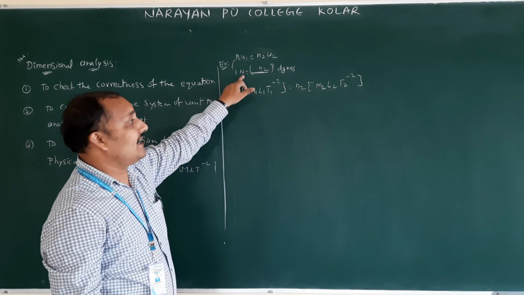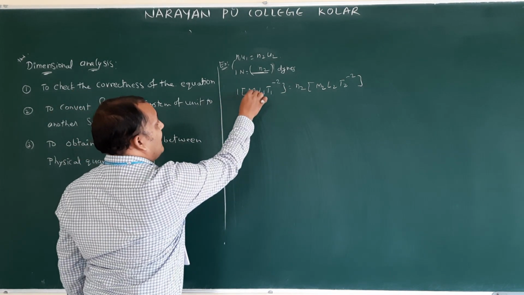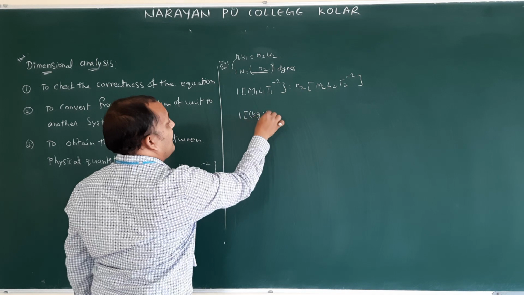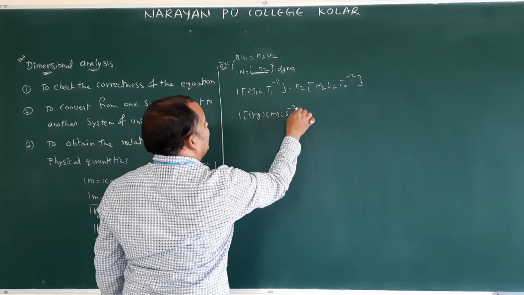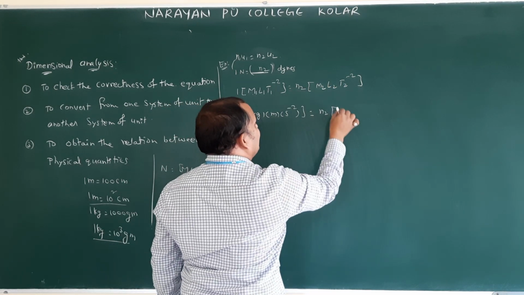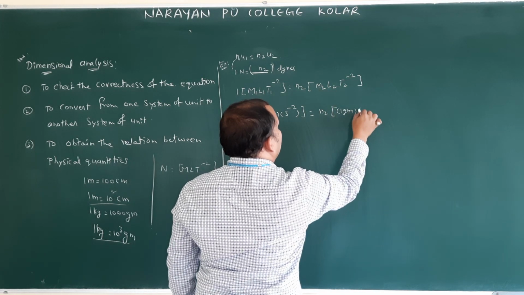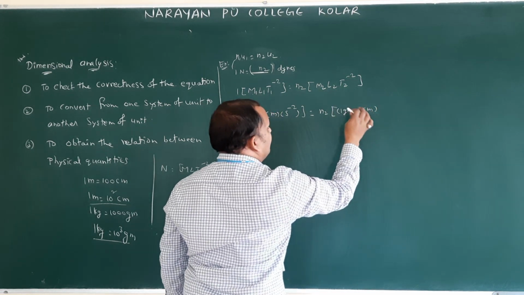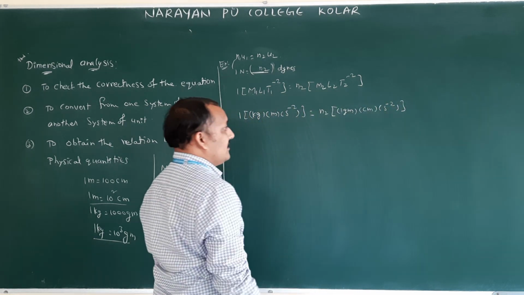So mass in MKS unit, what is the unit? Kg. Therefore we write 1, mass means kg, length means meter, time means second power minus 2, is equal to n2. Mass here we write gram, length centimeter, time s power minus 2.